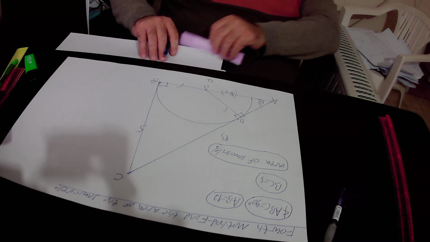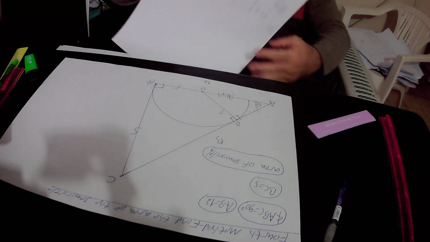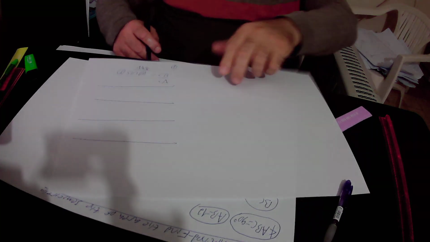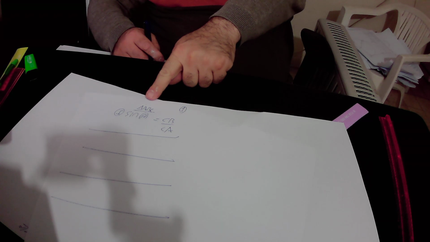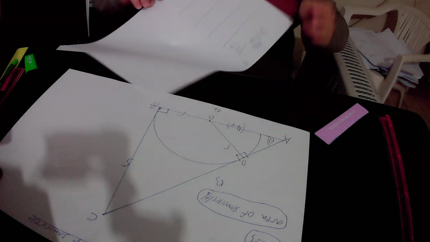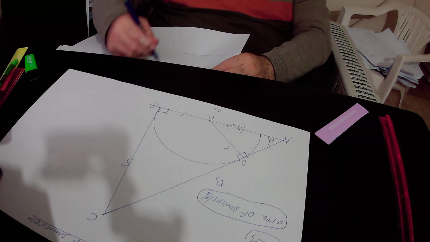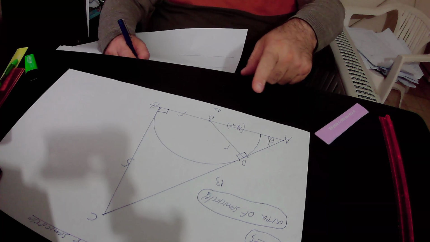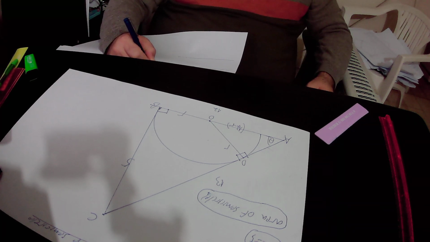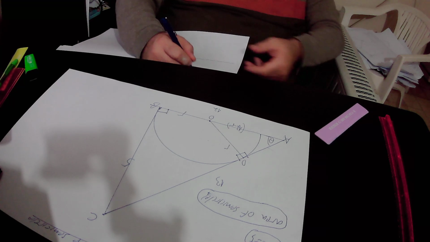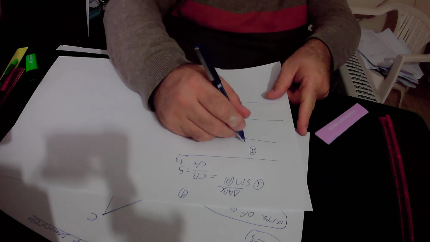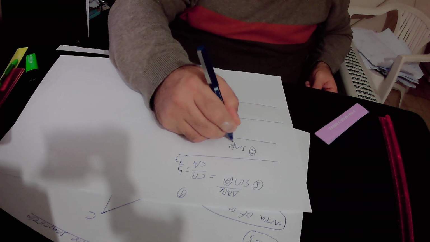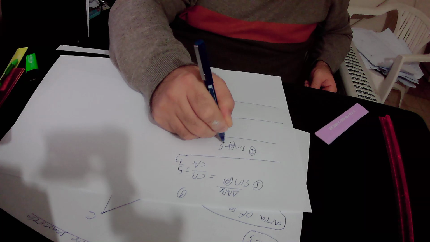I repeat again, on the right triangle ABC, sine theta equals CB over CA, and we know that CB equals 5 units and CA equals 13 units. So in conclusion, according to equation number 1, sine theta equals 5 over 13.